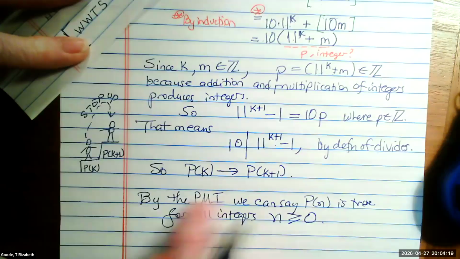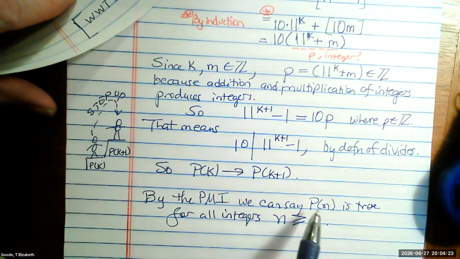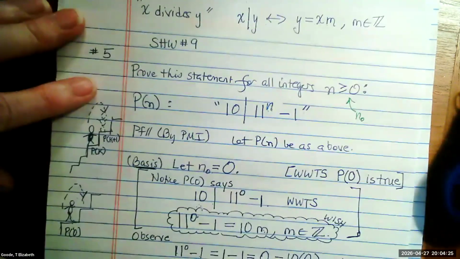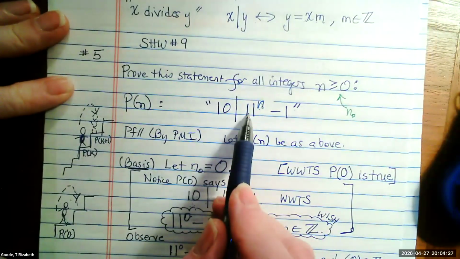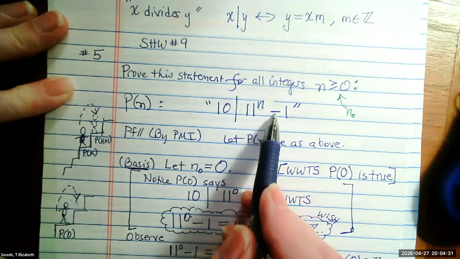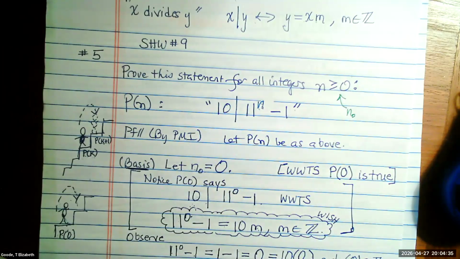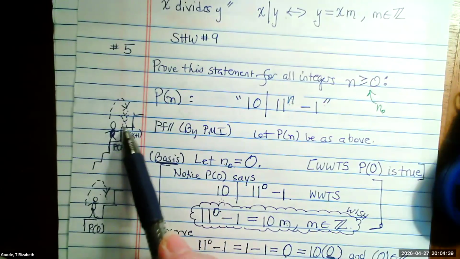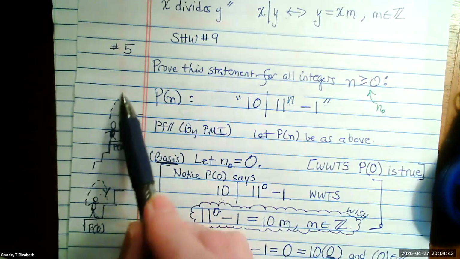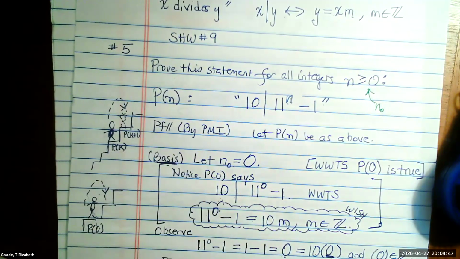This will be true forever and ever, no matter how big the n gets in this statement. It could be 11 to the 300,049 minus 1, and that will still be a multiple of 10, because we've proven we can climb the staircase. And once we're on step k plus 1, we've proven we can climb to the next step, k plus 2. We can just keep climbing forever.